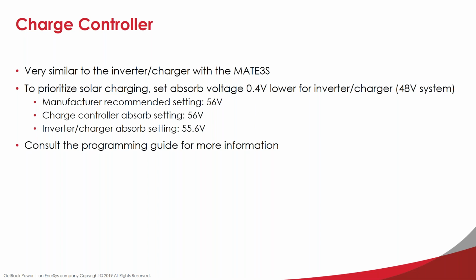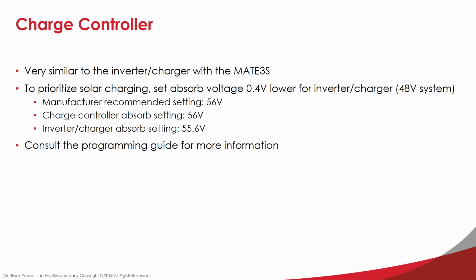And in Skybox, there's no need to program a charge controller because there isn't one. It's an all-in-one box. However, one thing to note with the charge controllers, to prioritize your solar charging, you want to set your absorb voltage 0.4 volts lower for your inverter charger for a 48 volt system. And it would be 0.2 volts for a 24 volt.